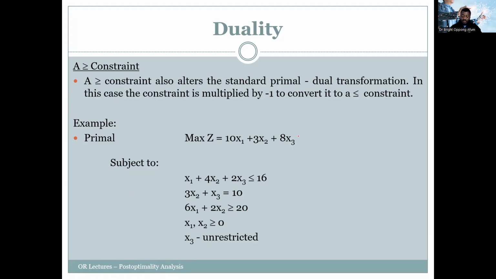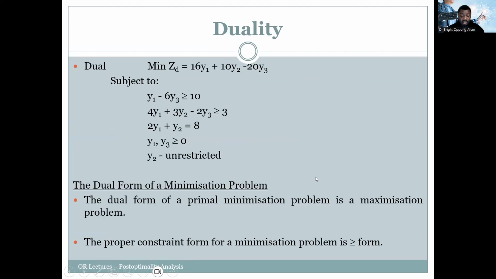We are maximizing that, and in a normal form, you're supposed to have less than or equal to, right? However, we have greater than or equal to here. So we have to multiply by -1 to be able to convert that before we do the duality, and we'll have that, right?